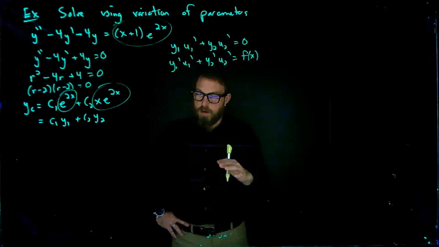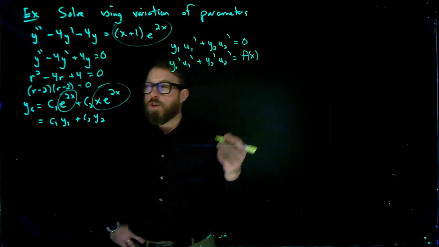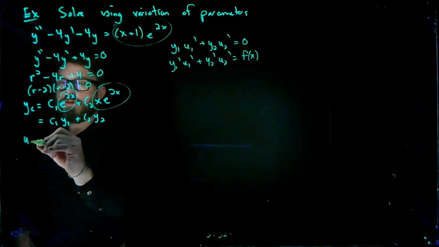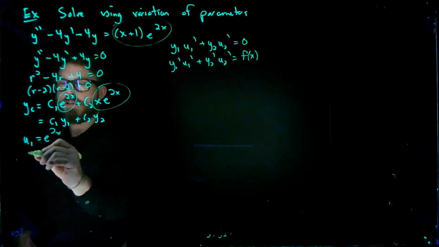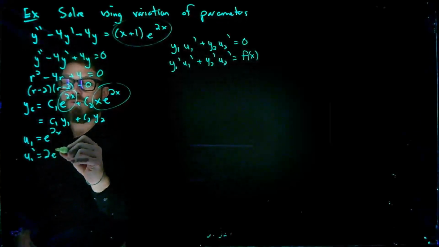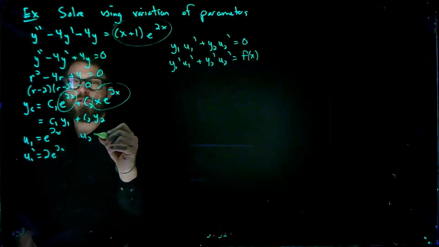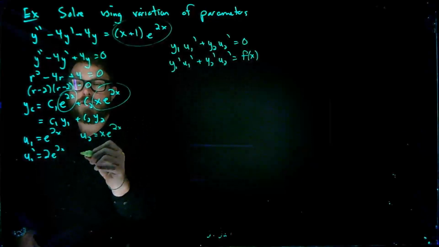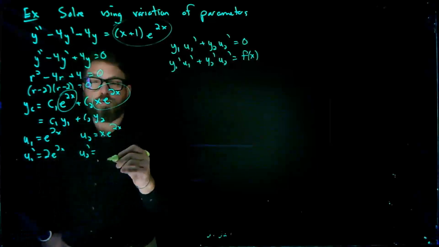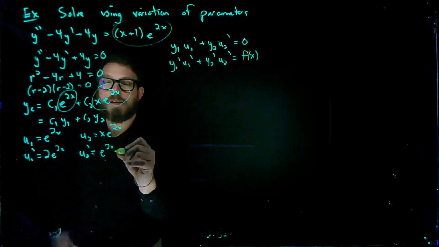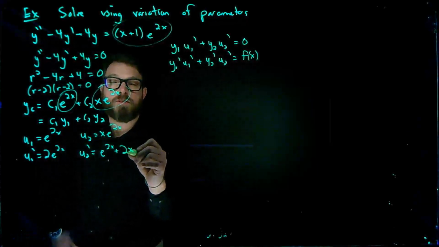In order to do these, I need to know the derivatives. If u1 is equal to e to the 2x, then u1 prime is 2e to the 2x. And if u2 is equal to x e to the 2x, then u2 prime, using the product rule, is the derivative of the first times the second plus the first times the derivative of the second.